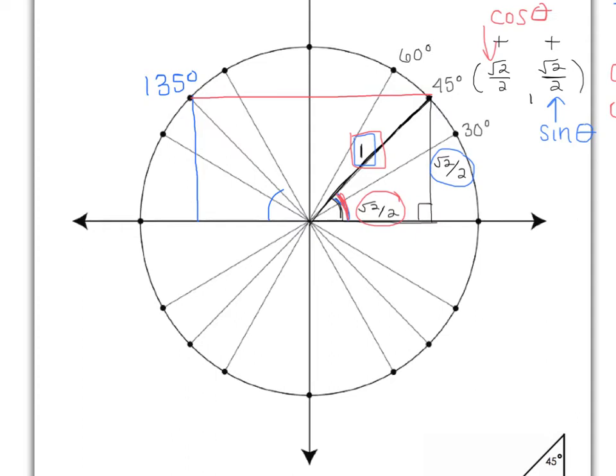And if you recall, our y value is our sine coordinate. The other thing to observe is that in the second quadrant, our x values are negative, which is why you have the statement that cosine is going to be negative in the second quadrant. So we have the coordinate for 135 degrees as negative radical 2 over 2, radical 2 over 2.